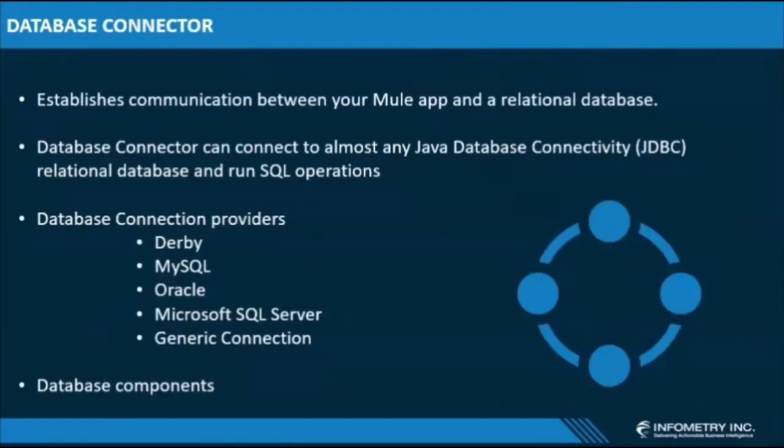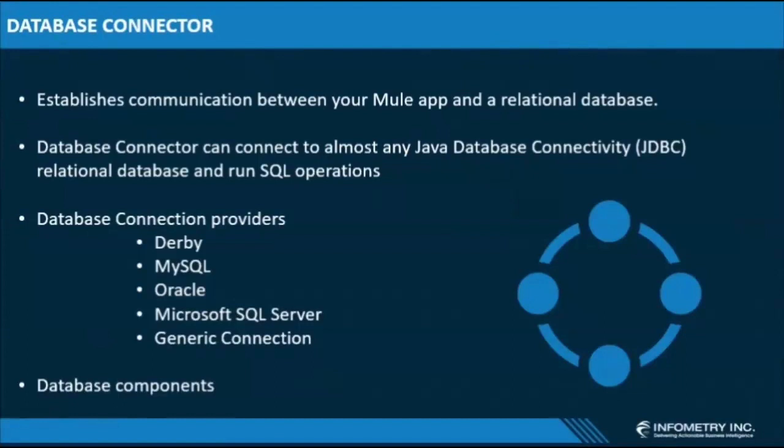So coming to the database connector in MuleSoft. The database connector in MuleSoft establishes communication between your Mule application and a relational database. It can connect to almost any JDBC relational database and run SQL operations.